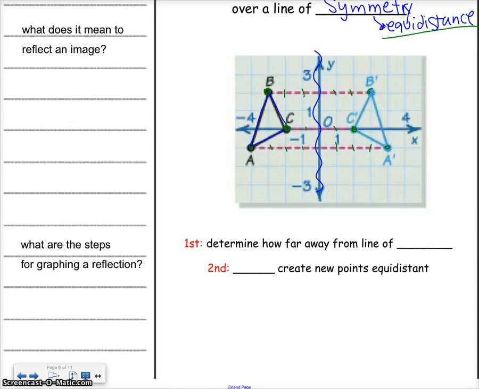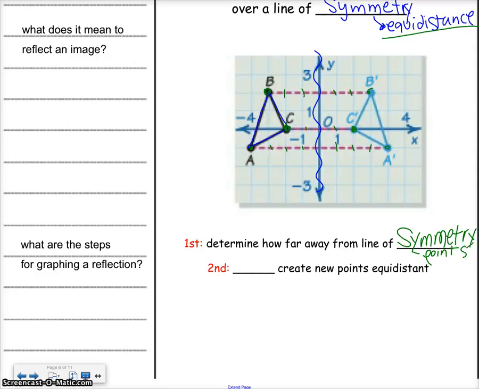Okay, so here's how we are going to do reflections. You're going to determine how far away from the line of symmetry a point is. I'm talking about points or vertices, because we're talking about geometric regions. So it would be a vertex, a point on the shape.